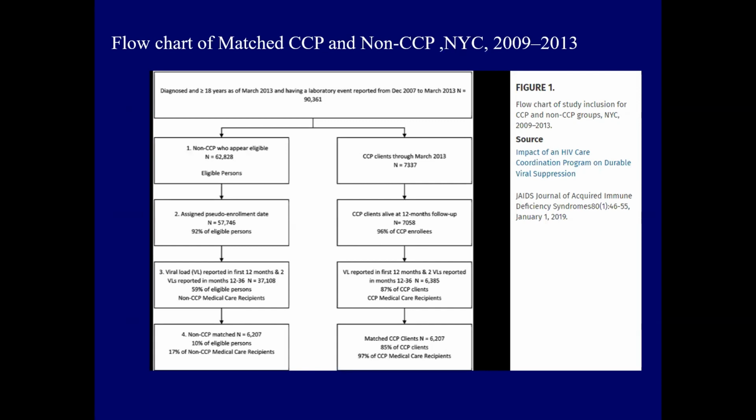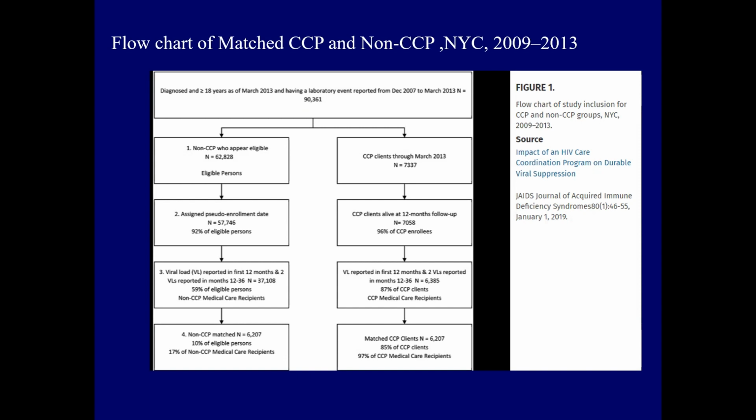This figure shows how the matched CCP and non-CCP clients were selected for the study. From December 1st, 2009 to March 31st, 2013, there were in total 7,337 CCP enrollees.